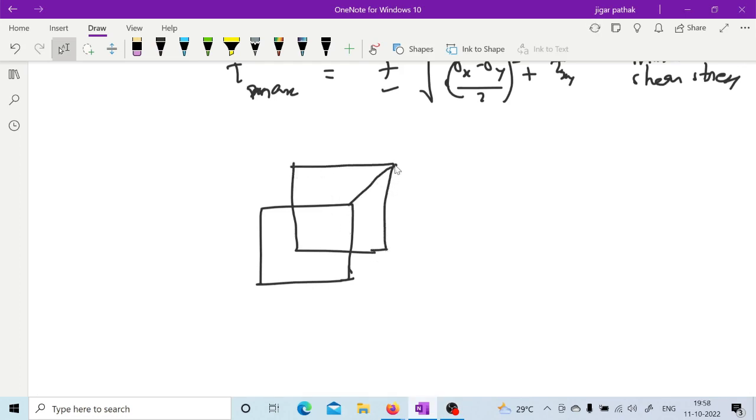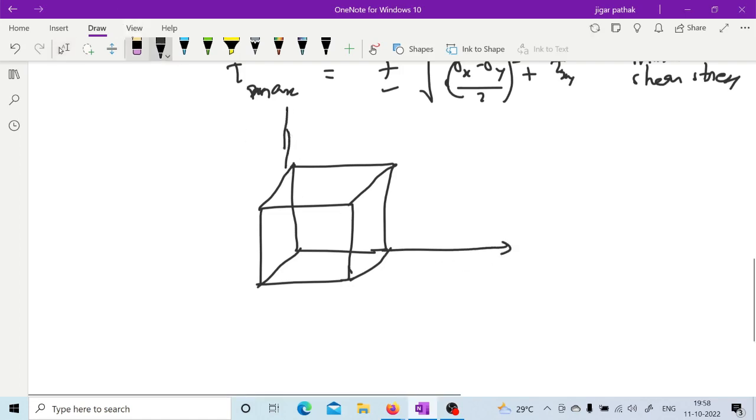So in that case, tau xy and tau yx and all these things are mentioned based on a specific meaning of the subscripts x and y. Let us see that.